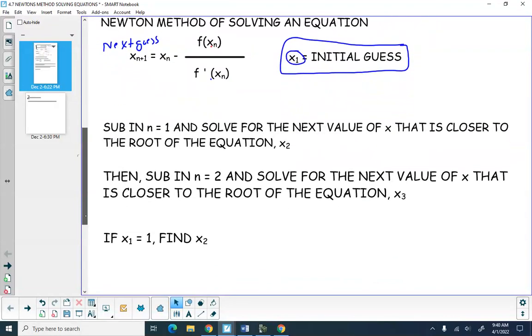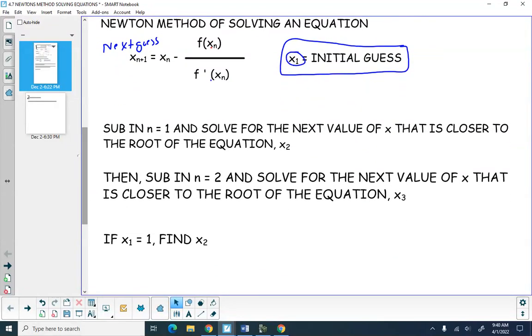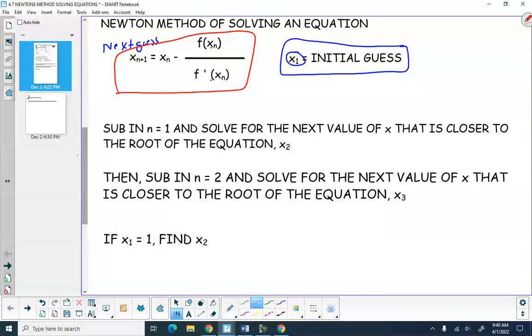So let's take a look at this. Now the key is, once again, dealing with this formula here, Newton's formula. We're going to say x1, our initial guess, is a value of 1.